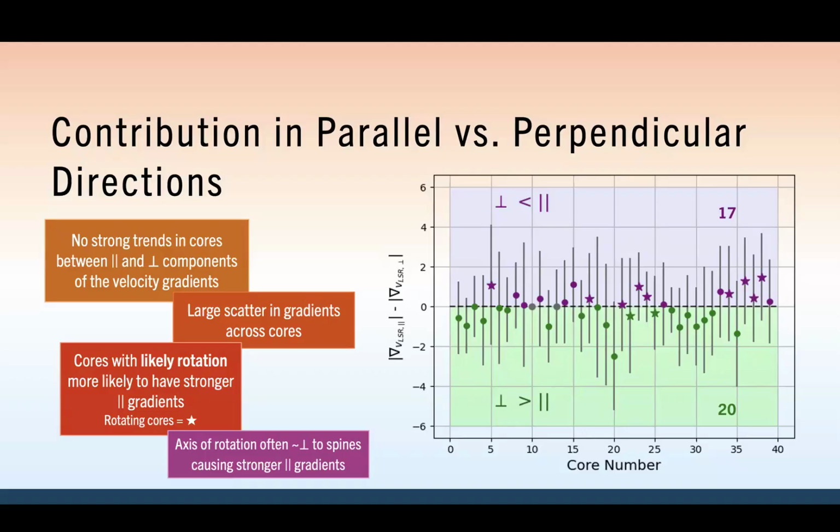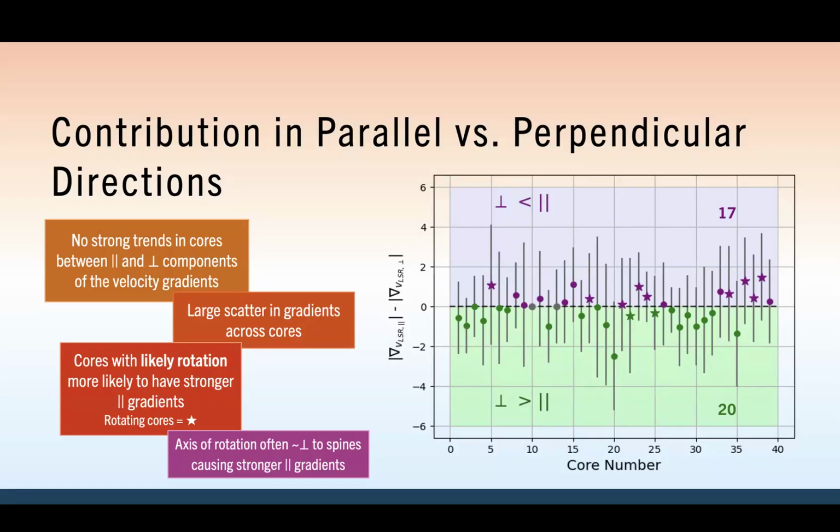There's also 2 where it was exactly balanced, and they were both 0. But again, we see this large scatter. It's somewhat less than what the scatter in the gradients of the filaments was.